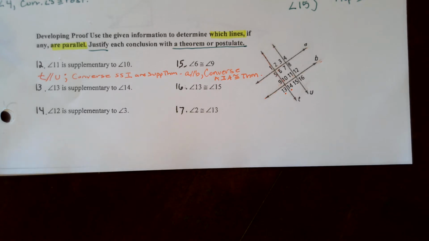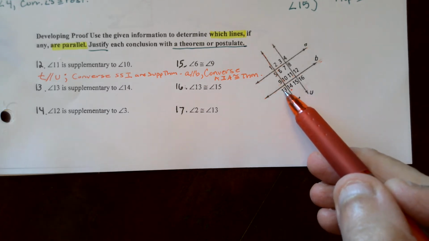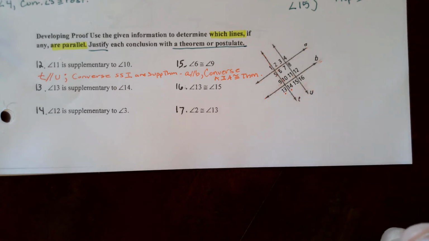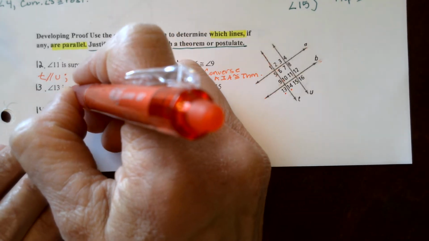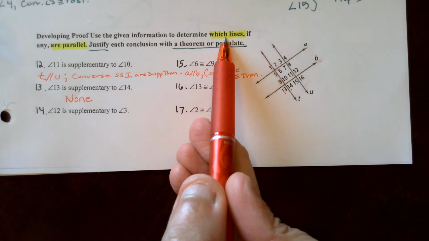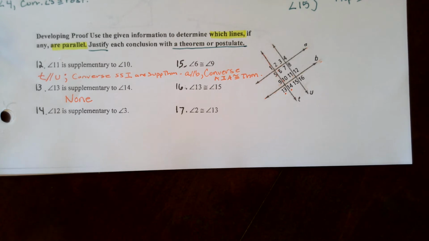They form a linear pair, but that does not help me figure out any lines are parallel, because the only two lines these even touch are this one and this one. So, there are none for that. It's not that it's not true, it's true, but it just doesn't hit the point we're trying to look at, that the lines are parallel. All right, let's look at the next one.